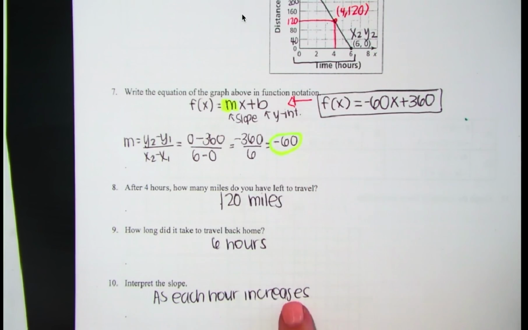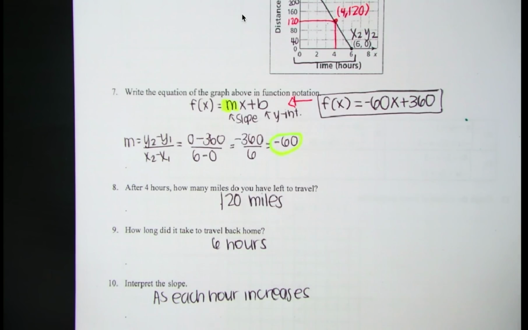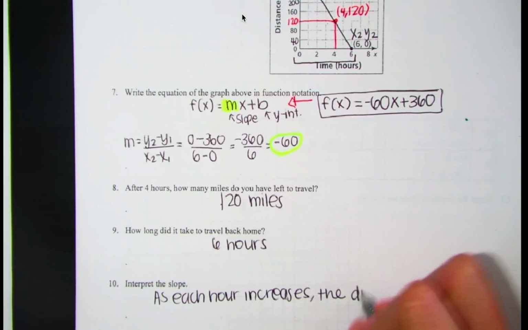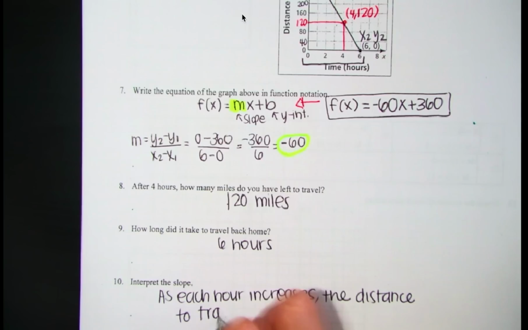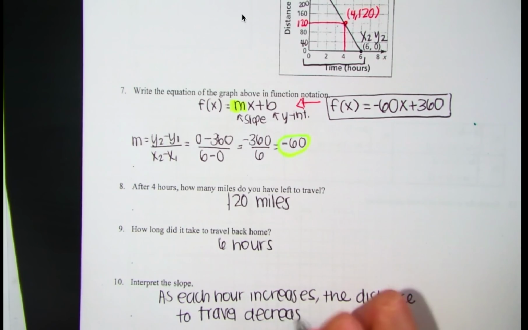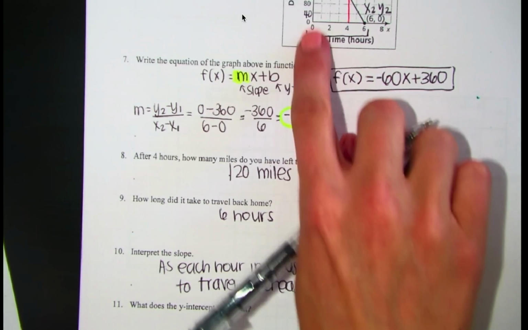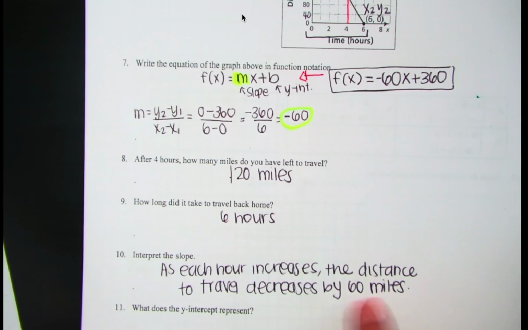So as each hour increases, the distance to travel decreases by 60 miles. So as each hour increases, we're decreasing by 60 miles, the distance left to travel.